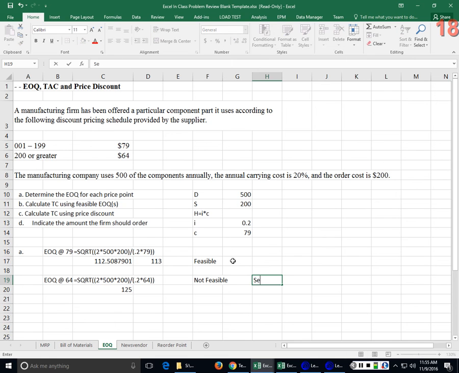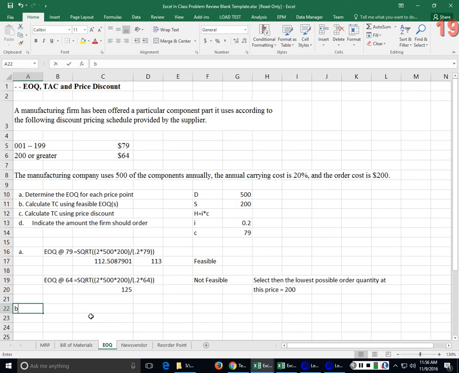So we're going to select the lowest possible order quantity at this price, which is equal to 200. Okay? And so that's when we move down and do our total costs, right? We're going to have to do total cost for a feasible EOQ, and then total cost using our price discount, and we'll use 200.